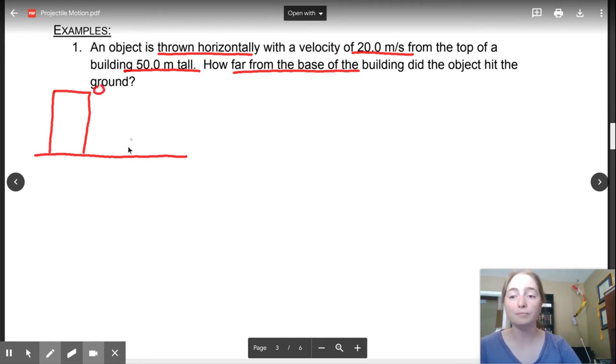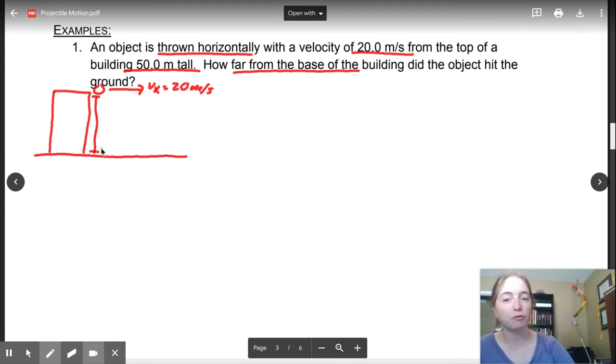Here's the ball. Okay. It is being thrown horizontally with a Vx of 20 meters per second. Okay. It is being thrown from a height of 50 meters.